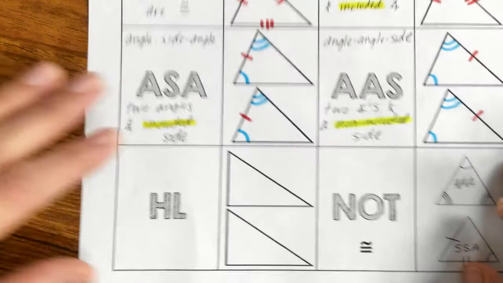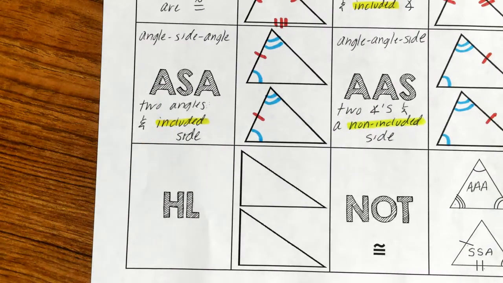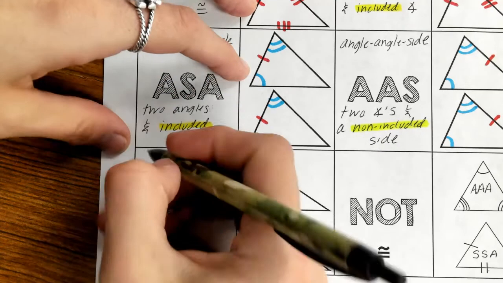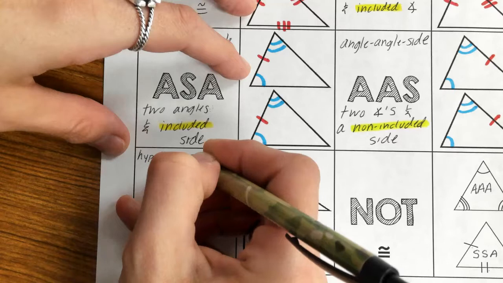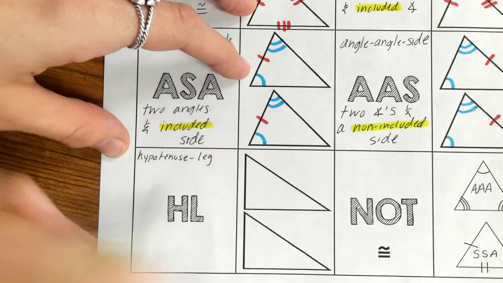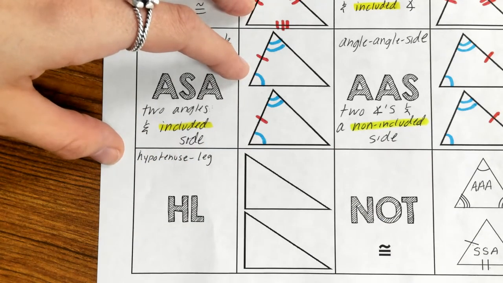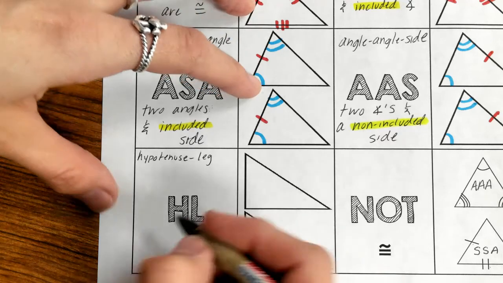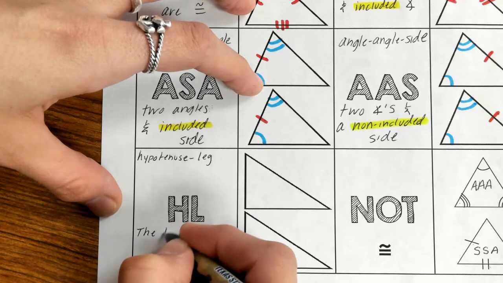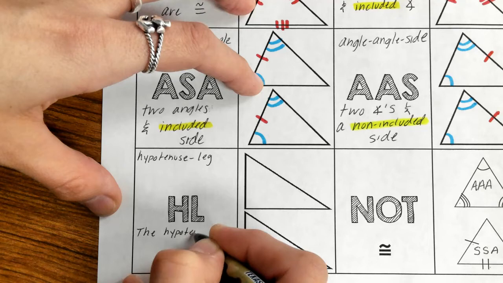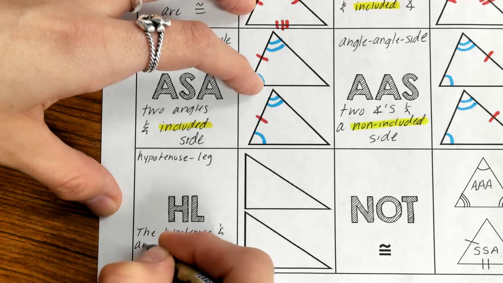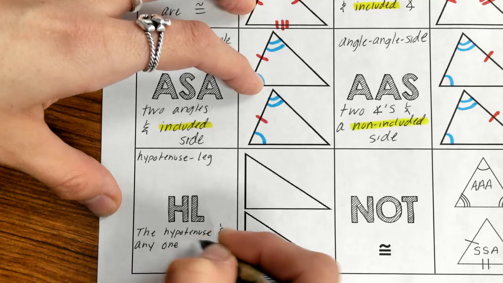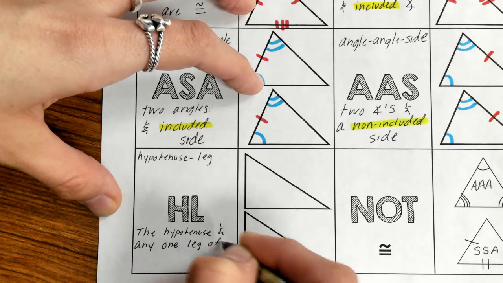All right? So HL, the last of the five. HL is going to stand for hypotenuse leg. So you actually are only going to need two things congruent here. You're going to need the hypotenuse and any one leg of a right triangle.